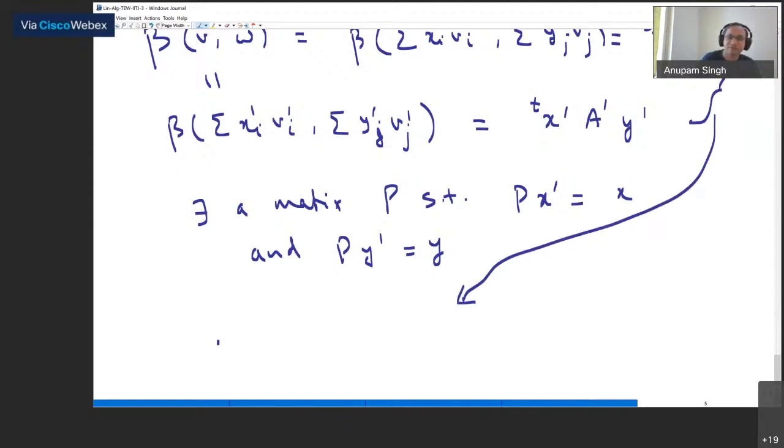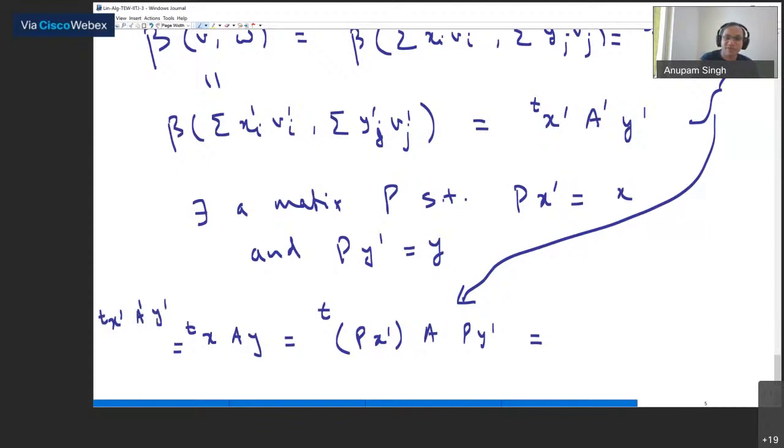If I take x transpose A y, I write this as (P x prime) transpose A (P y prime). By the earlier equivalence, this is already supposed to be x dash transpose A dash y dash.